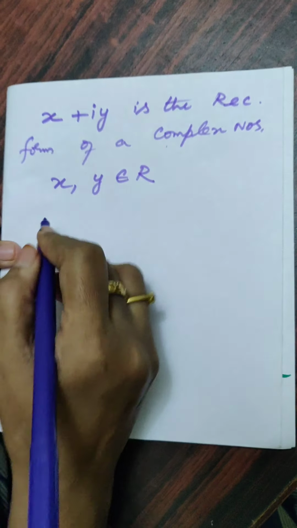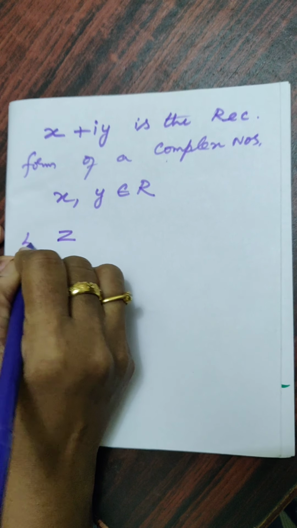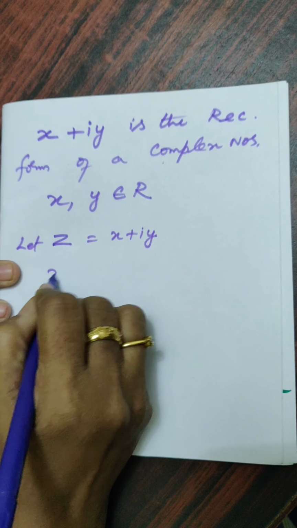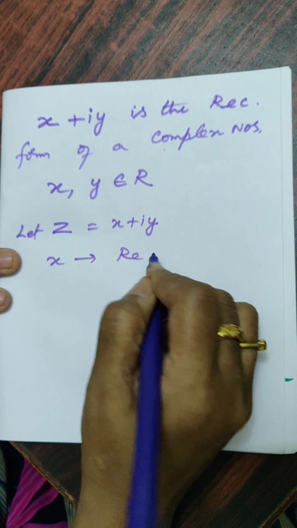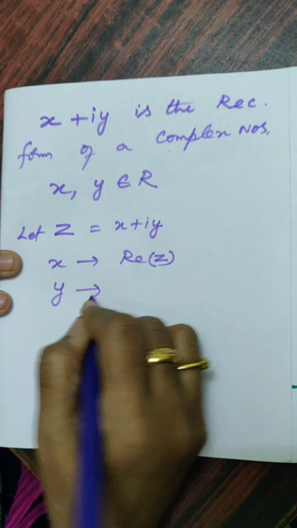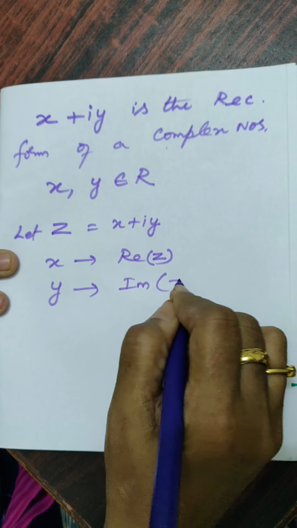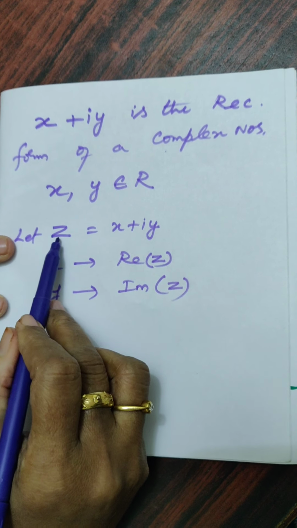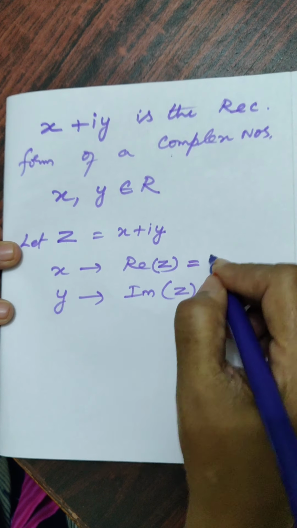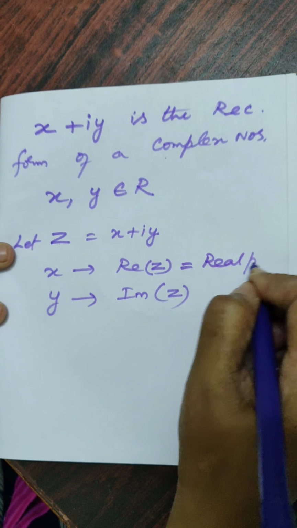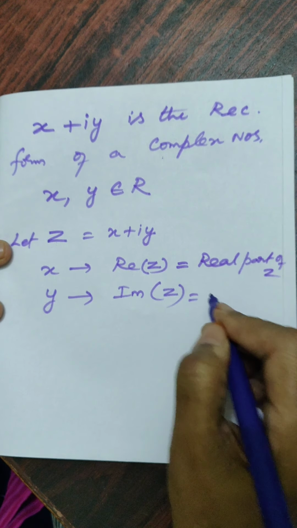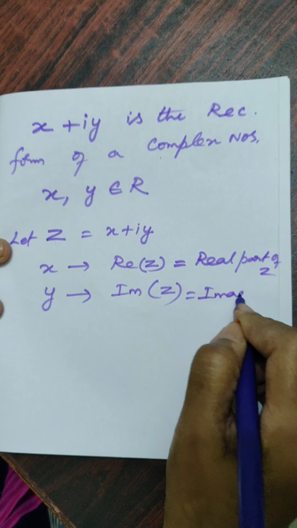Let z is equal to x plus iy. Then x is called the real part of z, Re of z, and y is called the imaginary part of z, Im of z.